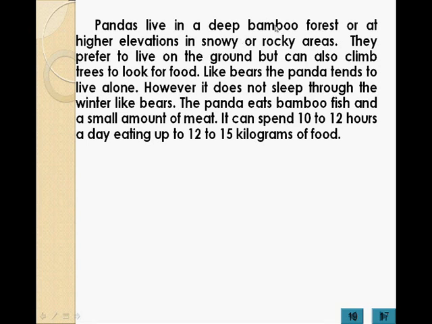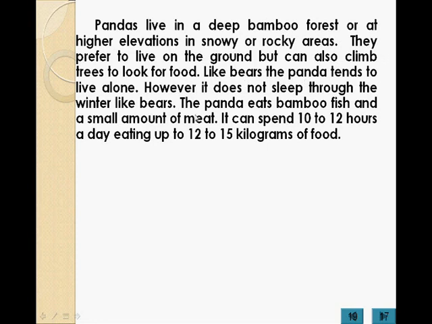It is in bamboo forest or at high elevations, and the word elevation means high place. It can be in snowy or rocky areas. They prefer to live on the ground, but can also climb trees to look for food. So they can be on the ground, and of course you can find them climbing the trees for food.